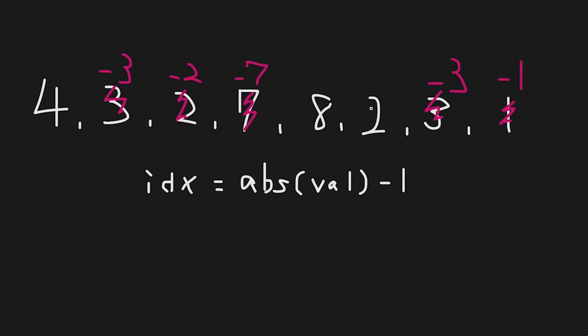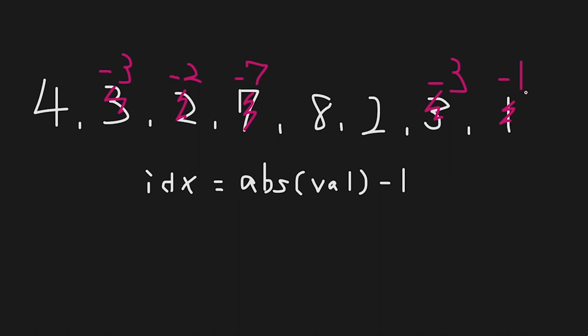And then move next. 2 minus 1, so index 1. So check index 1, but the number is already negative, so we don't do anything. And then next, the number is already negative, but the absolute value of negative 3 is 3, 3 minus 1, so index 2. 0, 1, 2, and at index 2 the number is already negative, so we don't do anything.